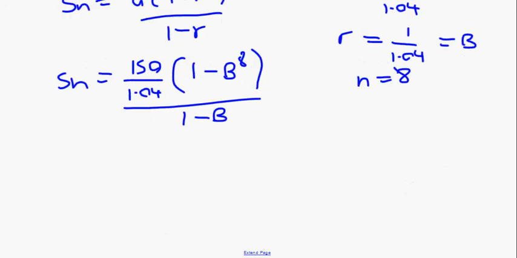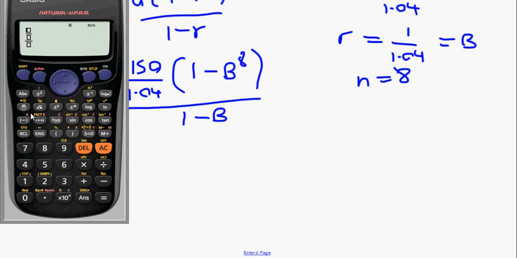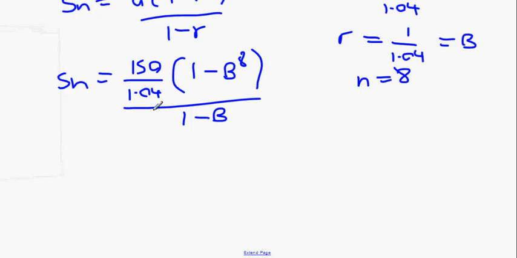So we're going to put that into the calculator: 150 divided by 1.04, then 1 minus b to the power of 8, and then it's all over 1 minus b. Then press equals and we get 1009.91.